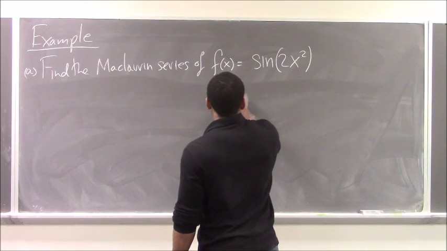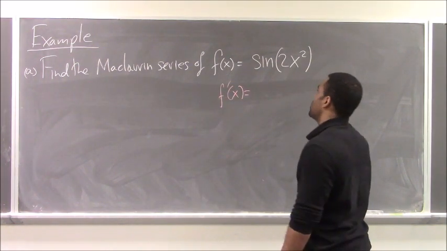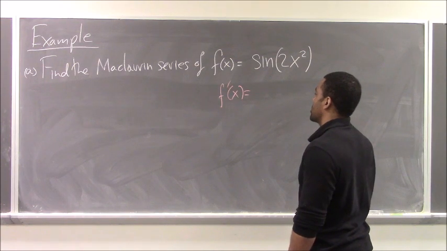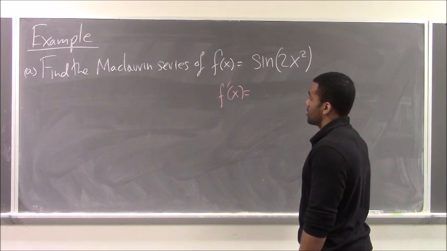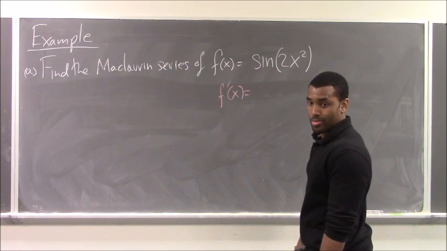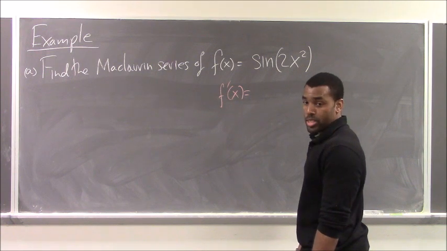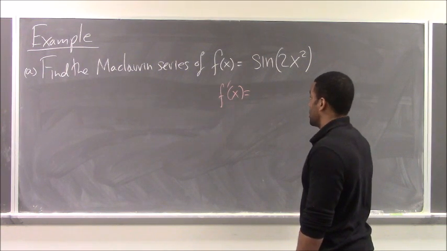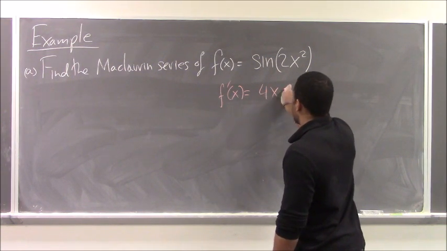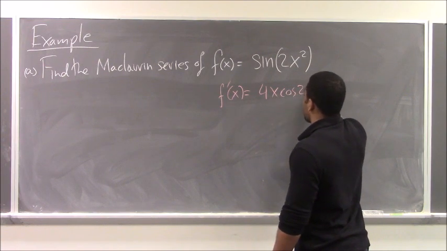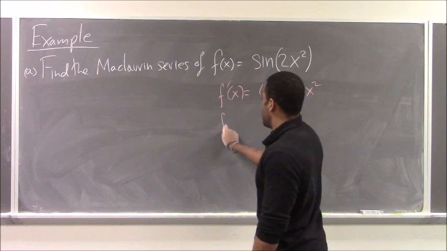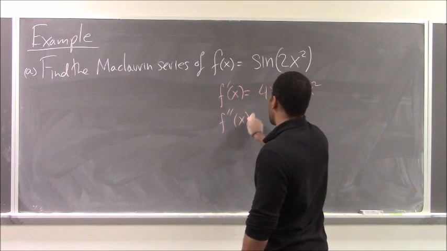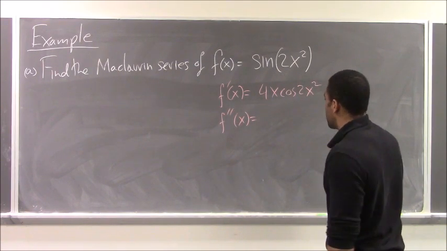So you could go f prime. What would the derivative of that be? What's the derivative of sine of 2x squared? 4x cosine 2x squared. Right? And then if you go to f double prime, now you're going to need a product rule.